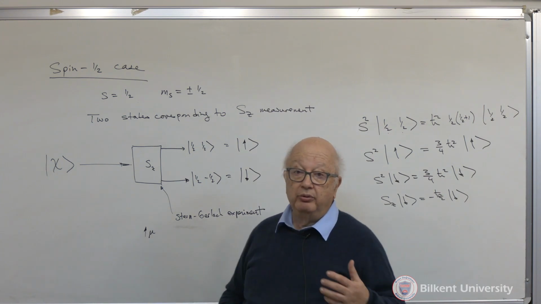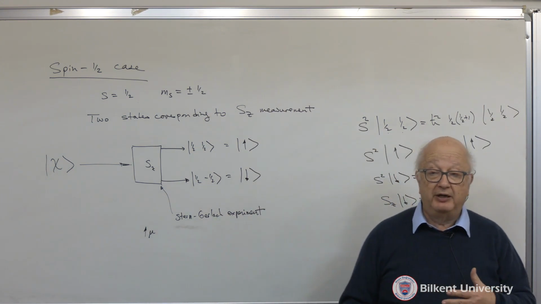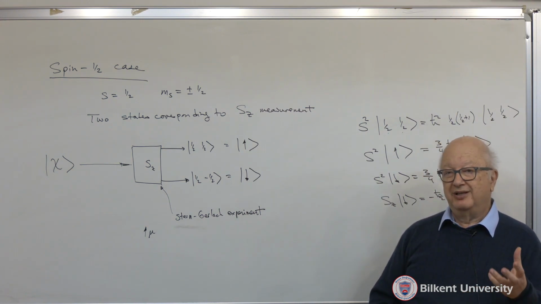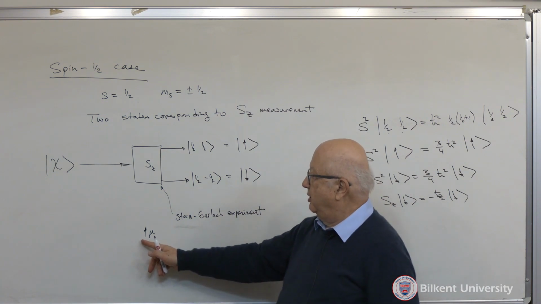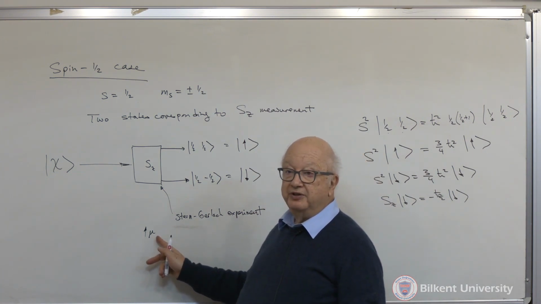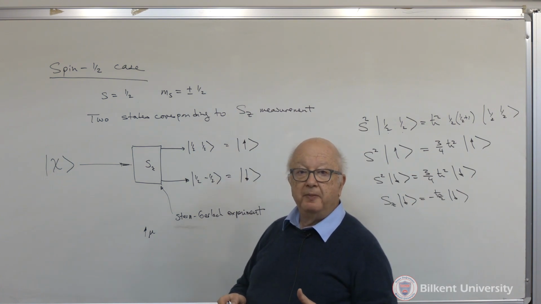Spin is associated with magnetic moment, like a rotating charge. Because it has a spin, it has a magnetic moment. If it's a negative particle, the magnetic moment is in the opposite direction to the spin.